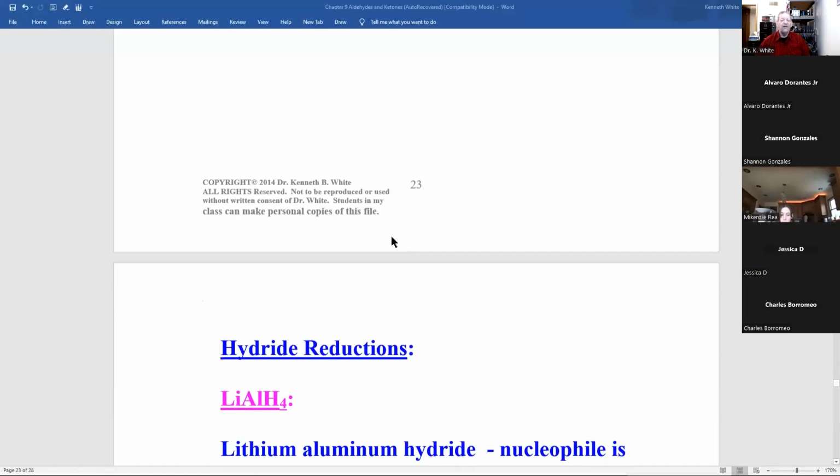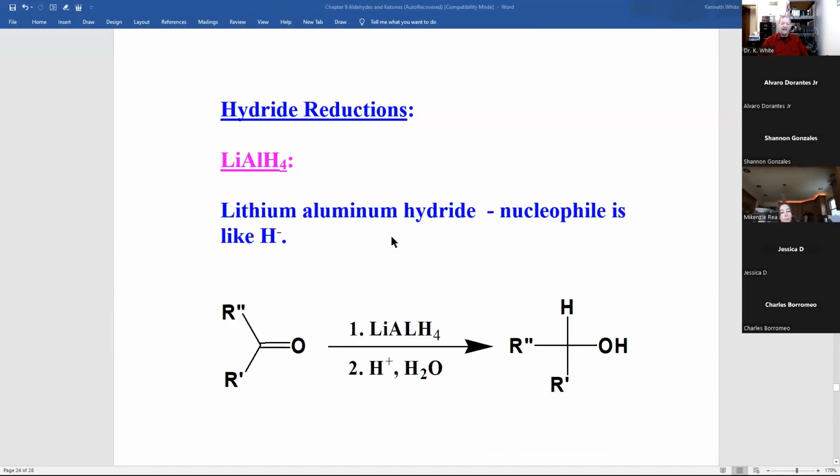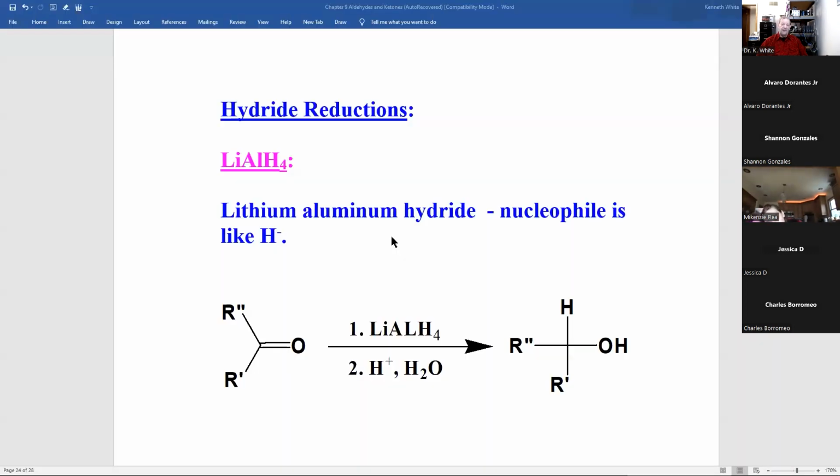Well, it turns out another great organic chemist, Dr. H.C. Brown, Herbert Brown of Purdue, during World War II, came up with two new reagents. And one of them is lithium aluminum hydride, LiAlH4.